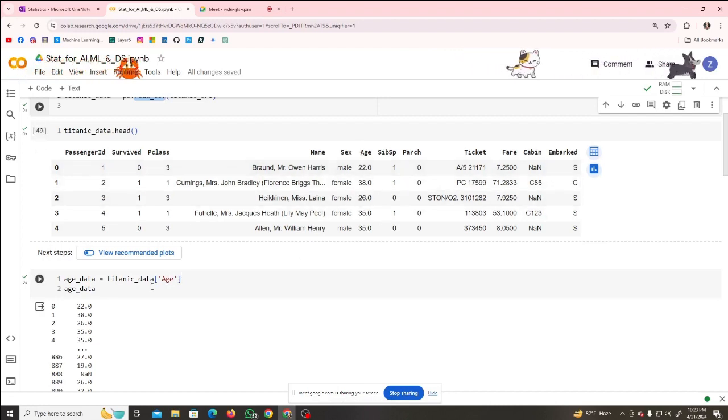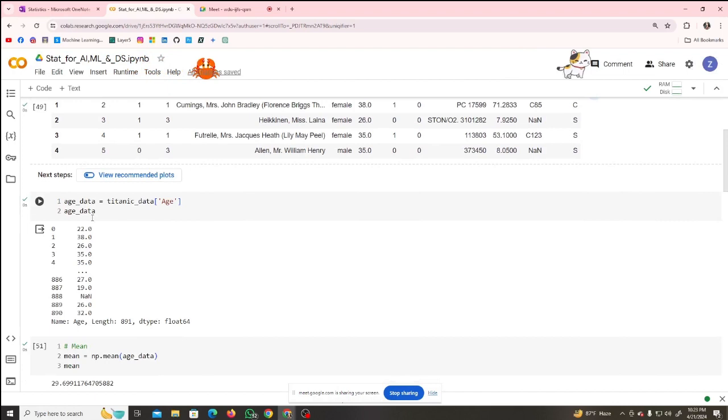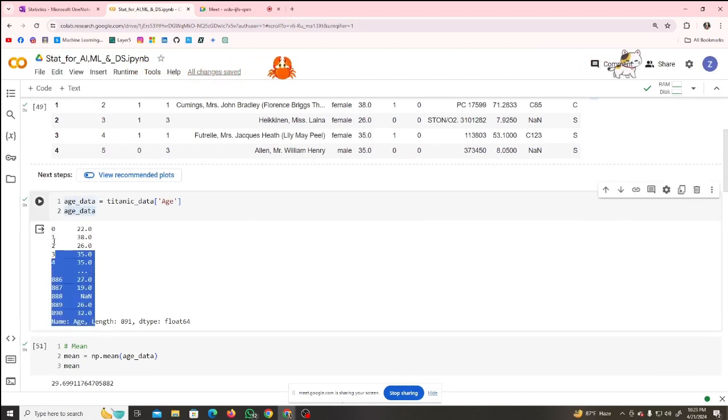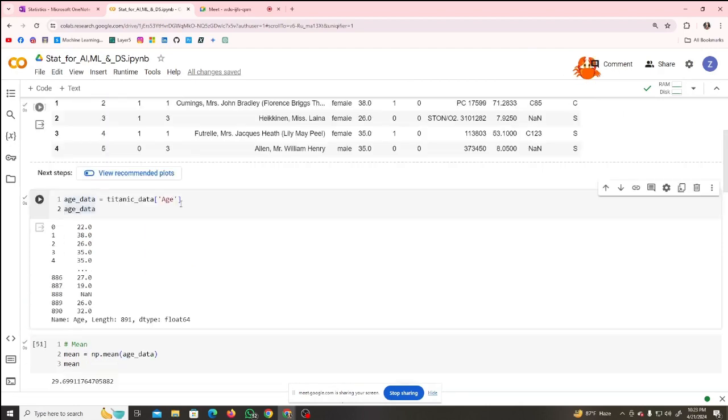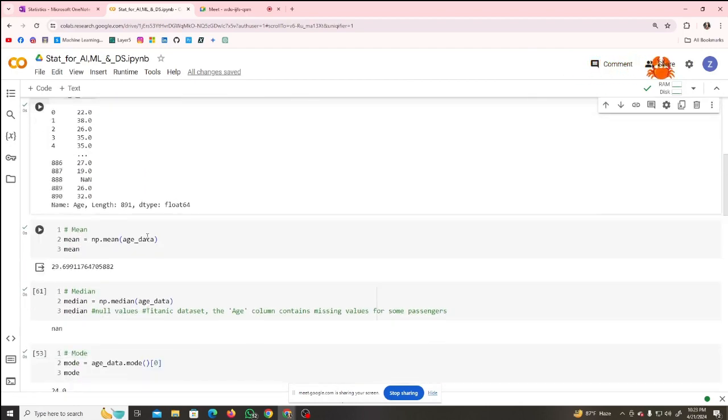By writing this sort of code, you will get only the age data. You see? Okay, so similarly, to find the mean, mean equals np.mean of age data, the age column, and then you're getting the mean.